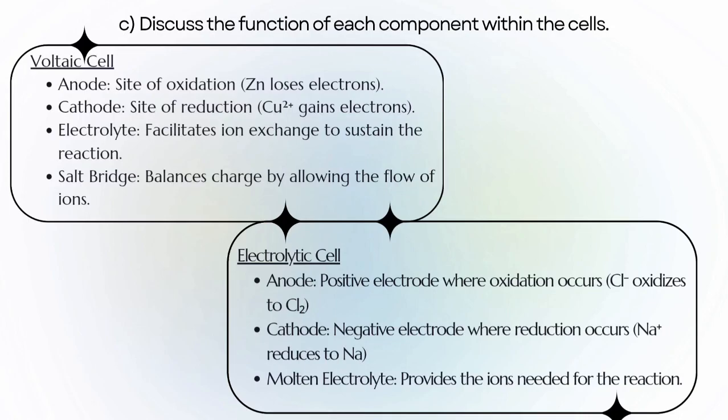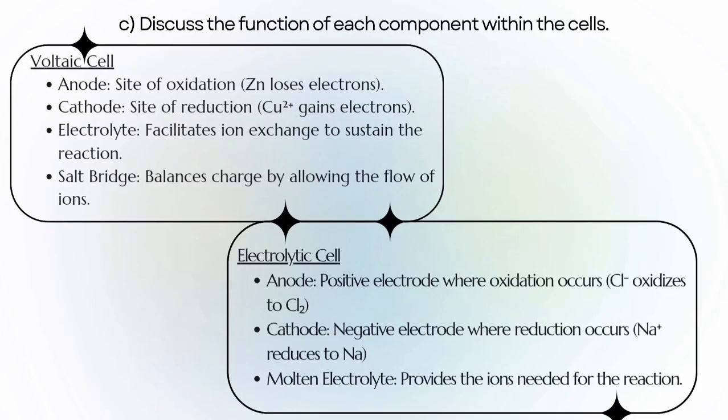C. Discuss the function of each component within the cell. For voltaic cell, anode acts as a site of oxidation, where zinc loses electrons. Cathode acts as a site of reduction, where Cu2+ ions gain electrons.